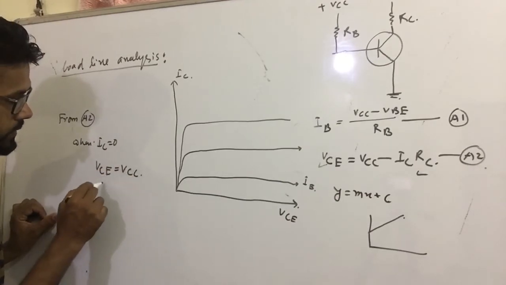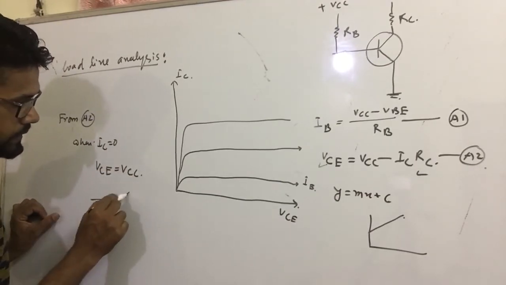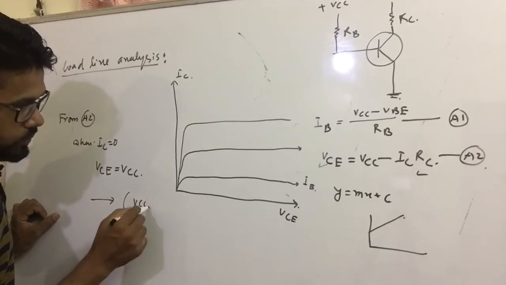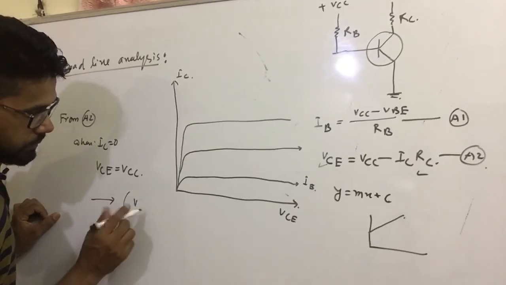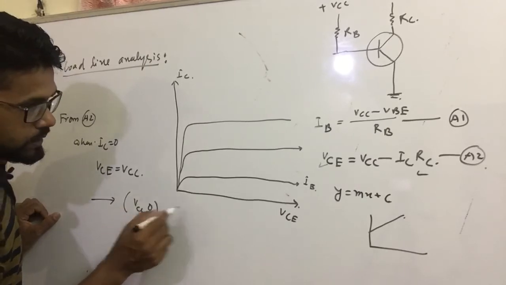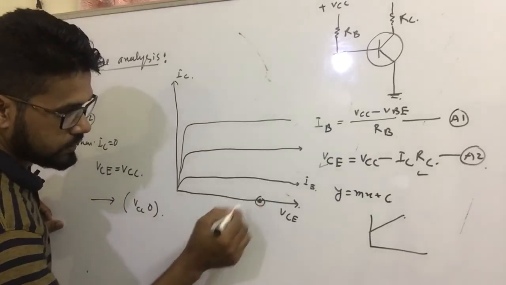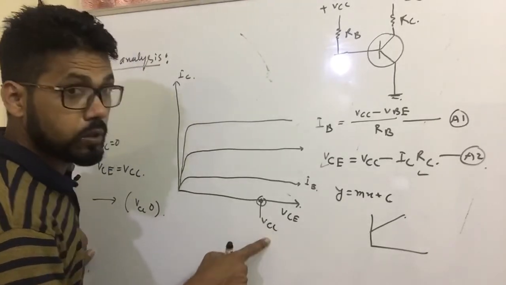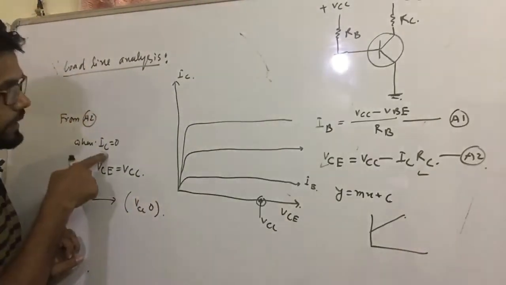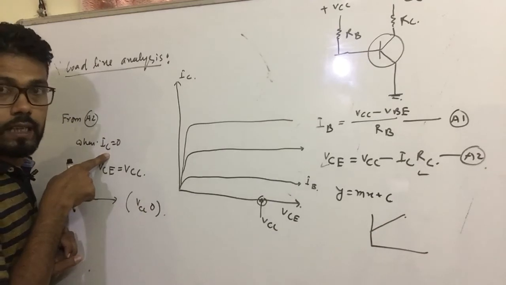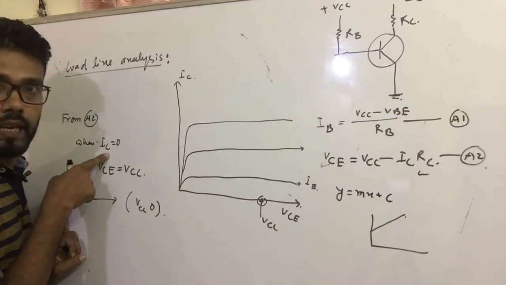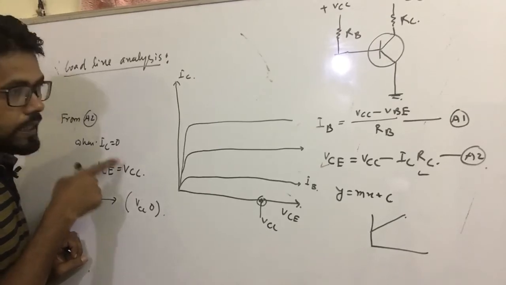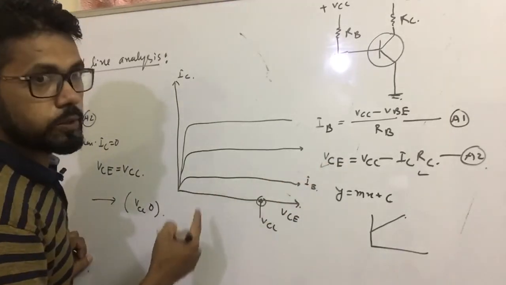So this point is represented on the x-axis as VCC, 0. This point is VCC, the maximum voltage, when the output collector current is 0. This is analytical analysis. We assume that the collector current is 0, then using this equation we get this point.